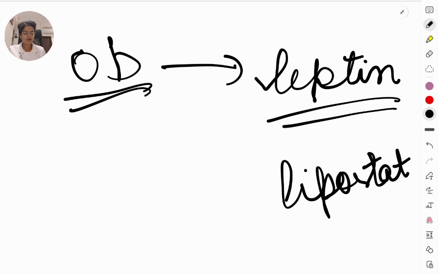Okay, any genetic defect would lead to obesity and overeating. So there should be a proper regulation of gene. Now let's see the obesity and adipose tissue relation. In obesity there is an increase in both the number and the size of adipocytes. There are two types of adipocytes.